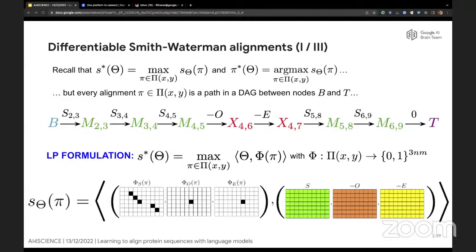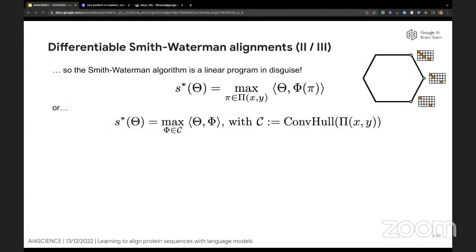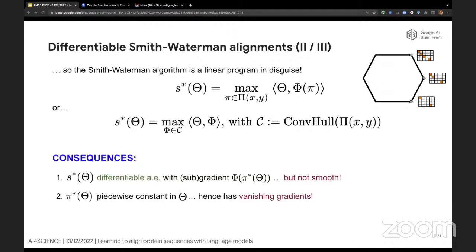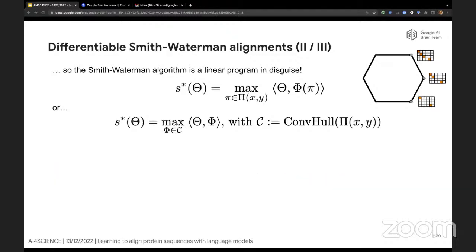And this set is very large, but it's finite. So what we can do is take the convex hull. Basically every vertex is an alignment in this picture, and we can just complete the polyhedron by filling it in. And what we get when we do this is that the Smith-Waterman algorithm is just a linear program in disguise.